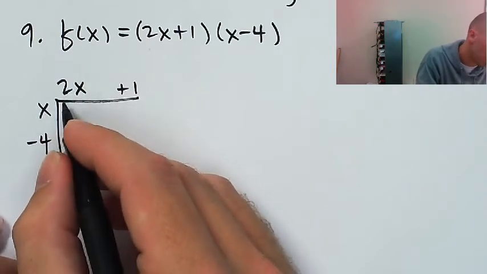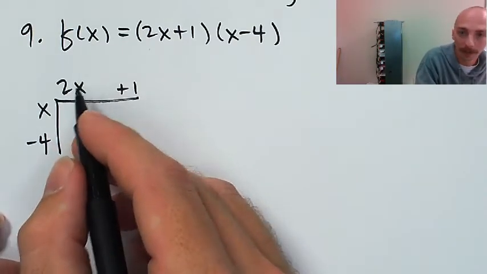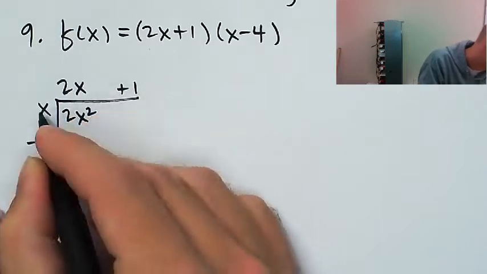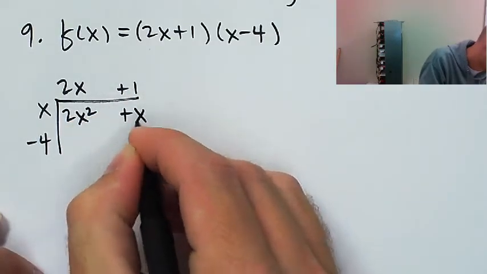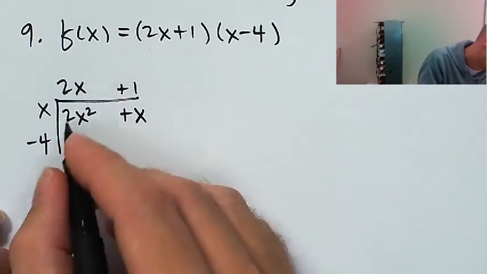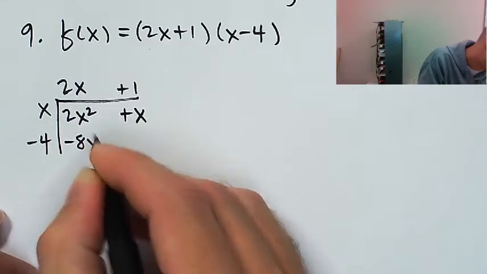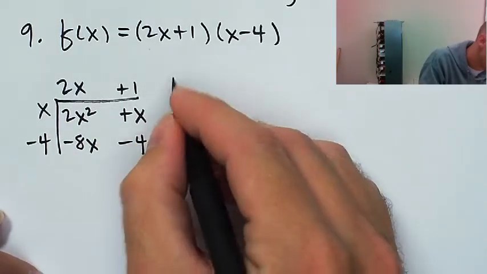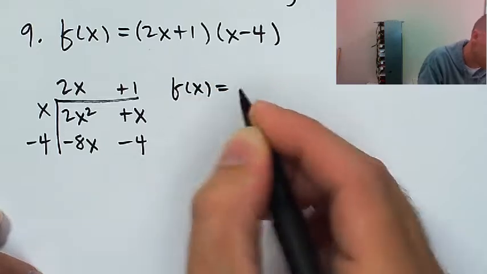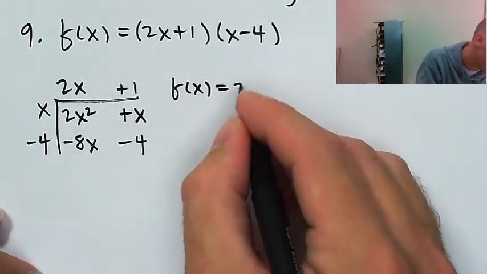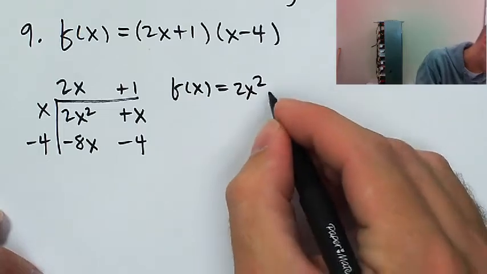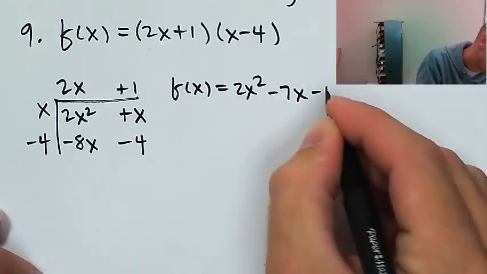So x times 2x would be 2x squared. x times positive 1 is positive 1x. Negative 4 times 2x would be negative 8x. And negative 4 times positive 1 would be negative 4. Okay, so I'm going to rewrite f of x as ax squared plus bx plus c, so 2x squared, negative 8x plus x is going to be negative 7x, minus 4.